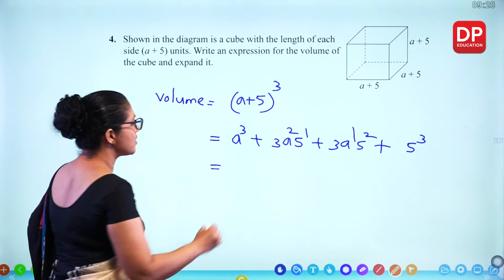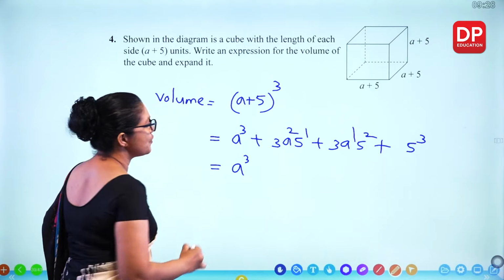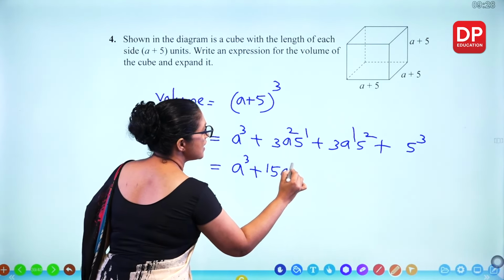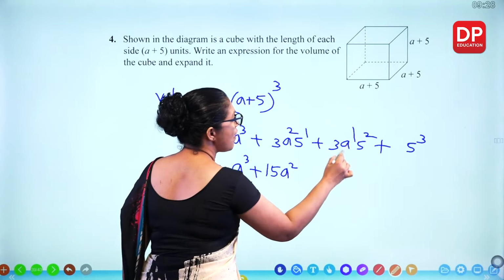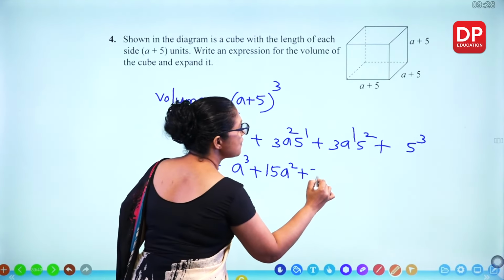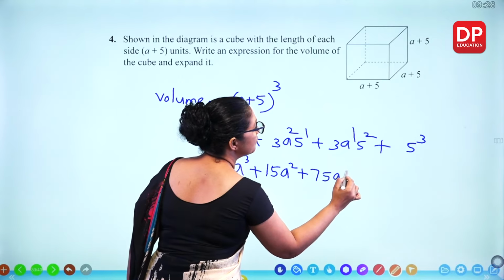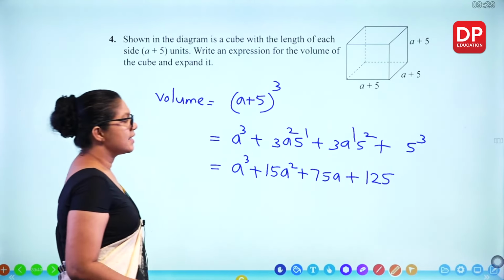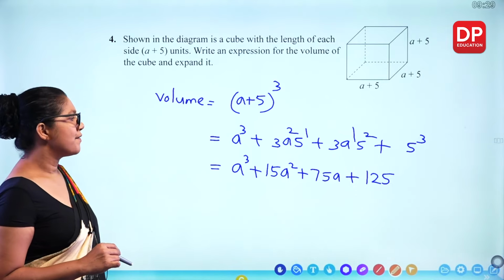So what's the expanded form? A to the power 3. 3 times 5, 15. And here 5 squared is 25. 25 times 3, 75. And this one, 5 to the power 3, you get 125.